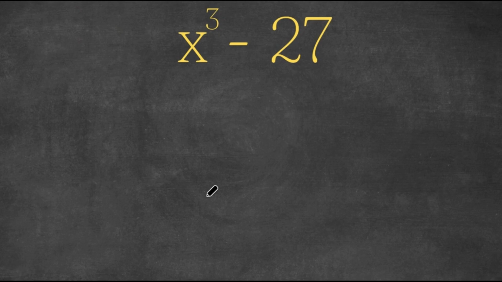Hey guys, welcome back to Click Academics. In today's video, I'm going to be teaching you guys how to factor a polynomial using the difference of cubes method. So right here we have x to the power of 3 minus 27, and we want to factor this. Well, this method actually only works for polynomials in the form a to the power of 3 minus b to the power of 3, or b cubed.